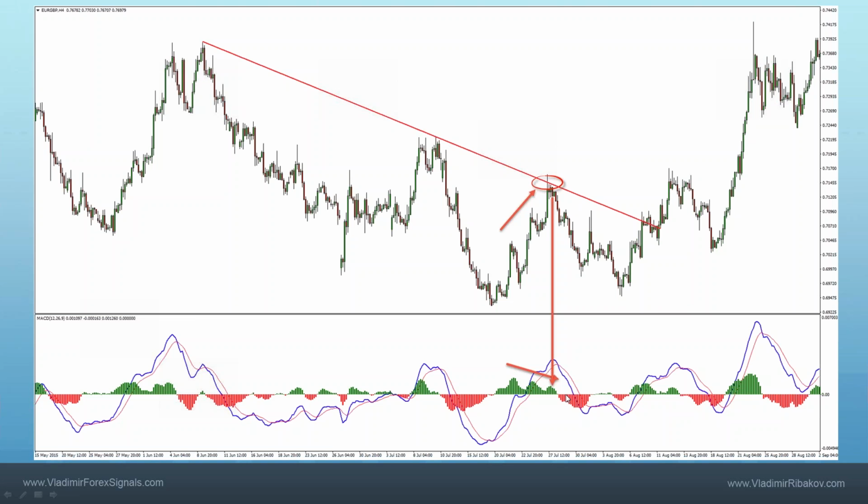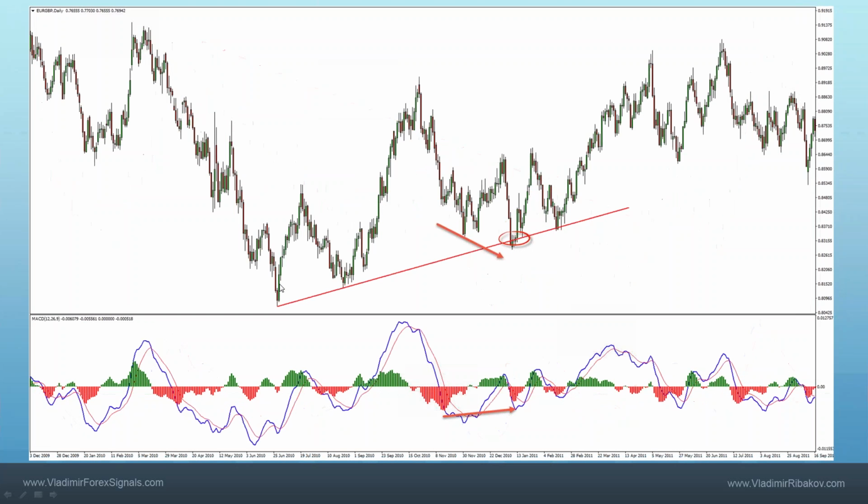There is divergence on the last part, on this correction. It tries to break up and fails and goes down. This is a false break of a trend line. 1, 2, 3. False break of a trend line, followed by divergence.